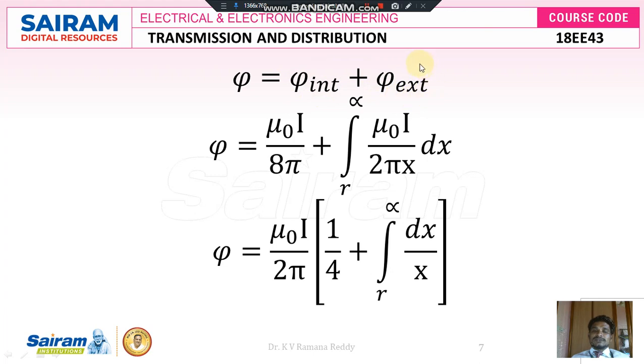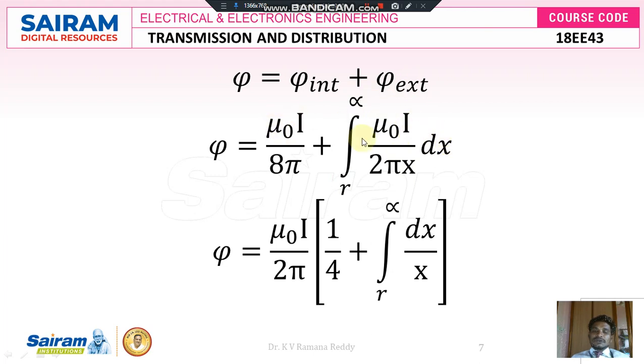External flux linkage is because of external conductors. Internal flux linkage is because of the current flowing through that conductor. So the overall flux linkage psi is equal to psi internal plus psi external. Psi internal, we already know the formula from the previous topic, is mu naught into I by 8 pi, plus psi external, that is the integral from r to infinity of mu naught into I by 2 pi x into dx.